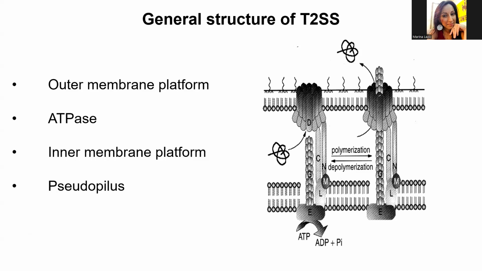Of course, you have the inner membrane, pretty much similar to what you had for the type 1 secretion system, just a different type of focus, and the assembly is done after translocation through the SEC system, and you get these pseudopili. So these pseudopili are a characteristic of the type 2 secretion system, because that polymerization and depolymerization is like a piston that drives up the protein.